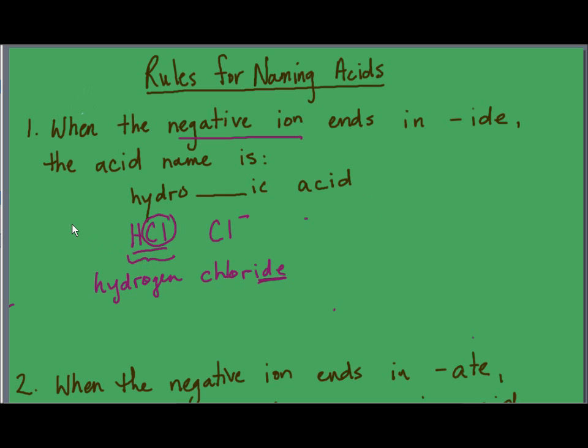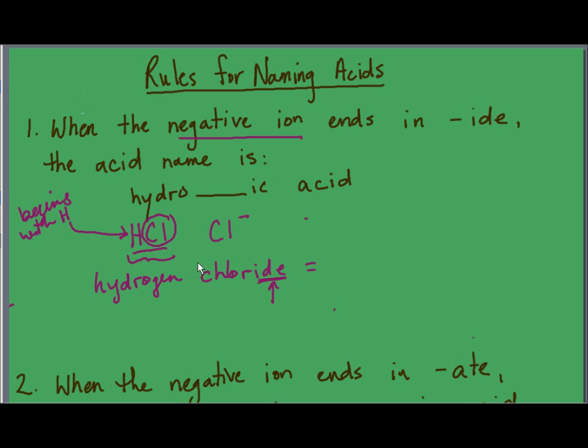Remember, from when we looked at neutralization reactions, we always know that we have an acid when it begins with an H. So the regular compound name is hydrogen chloride, and because it has the IDE at the end, we change the acid name to hydro-blank-ic acid.